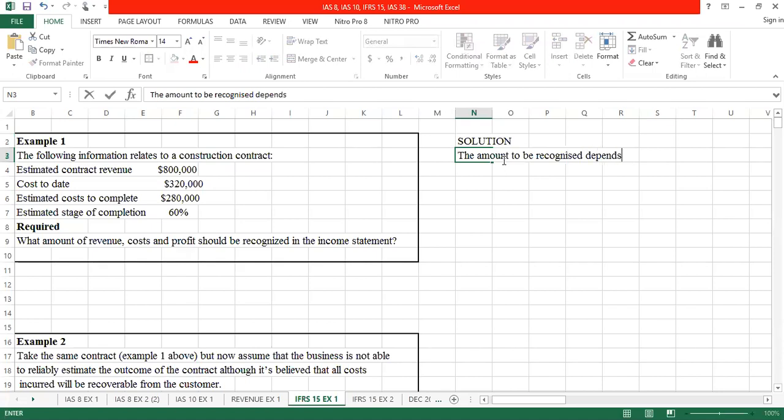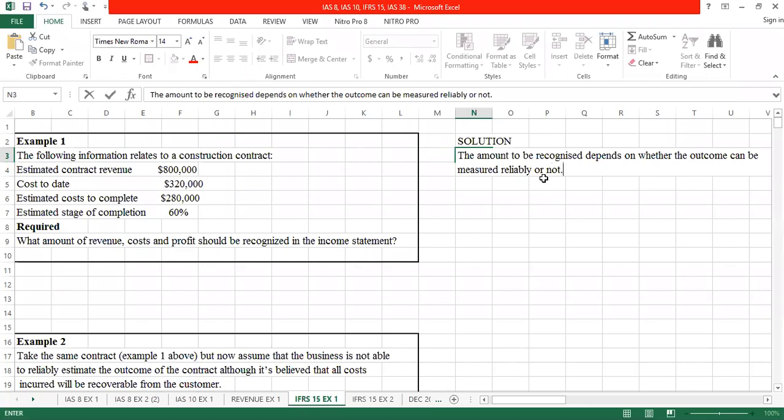It depends on whether the outcome can be measured reliably or not.